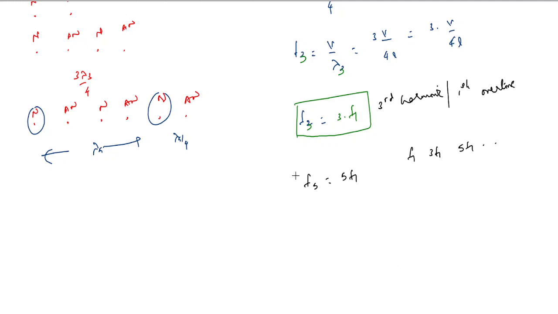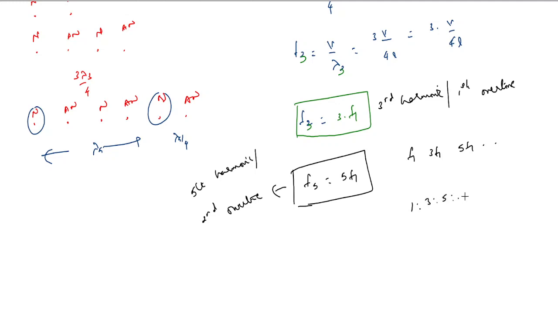The fifth is called the fifth harmonic or second overtone. So what we find in this case is that the ratio of frequencies is 1:3:5. In the case of a closed pipe, we get only odd harmonics.